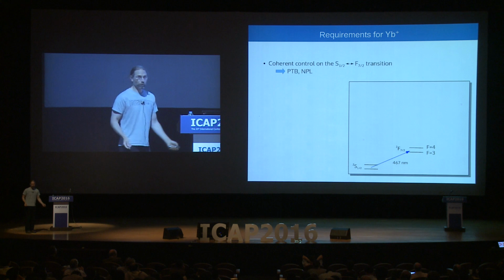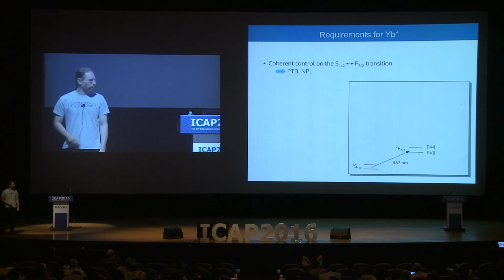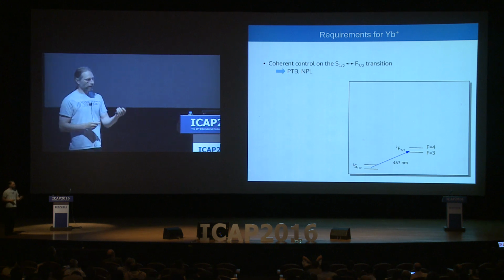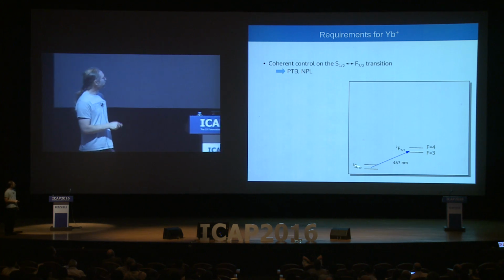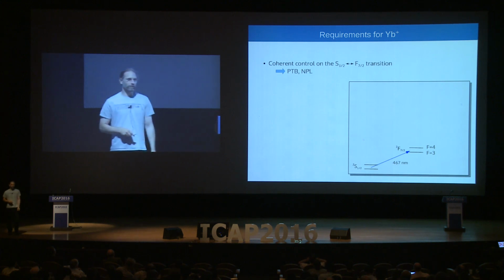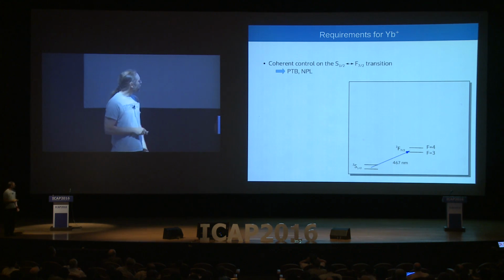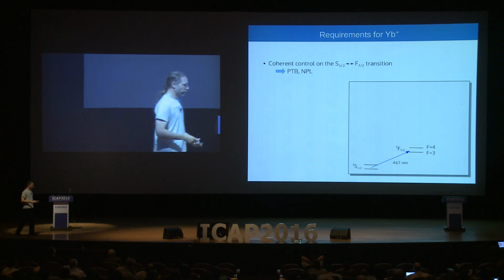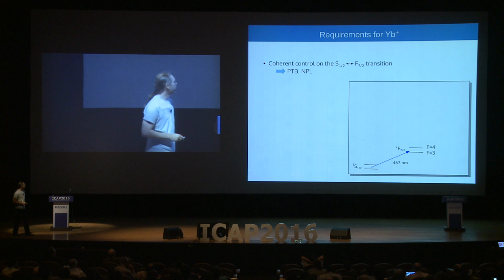So what would you have to do? This is where it gets a little bit more tricky. Maybe the conceptually easiest way would be to drive this S to F transition. That's the famous or infamous octupole transition. It's quite hard to drive, but nevertheless, PTB and NPL are really experts because of their work on atomic clocks.